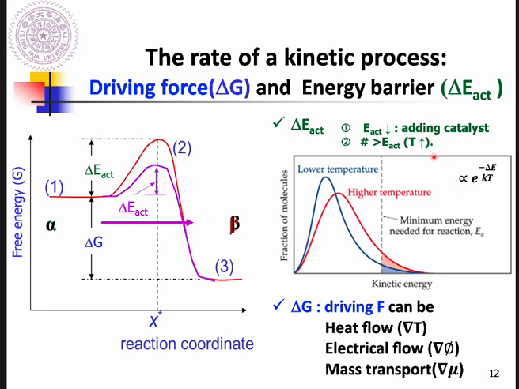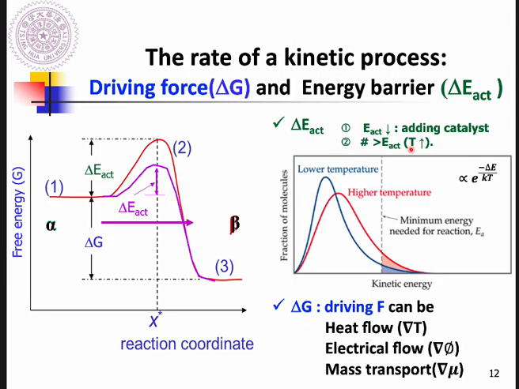So there are two ways to speed up your experiments. In summary, add a catalyst to lower the activation energy, or increase the environment or working temperature to allow more atoms to overcome this energy barrier. Okay.